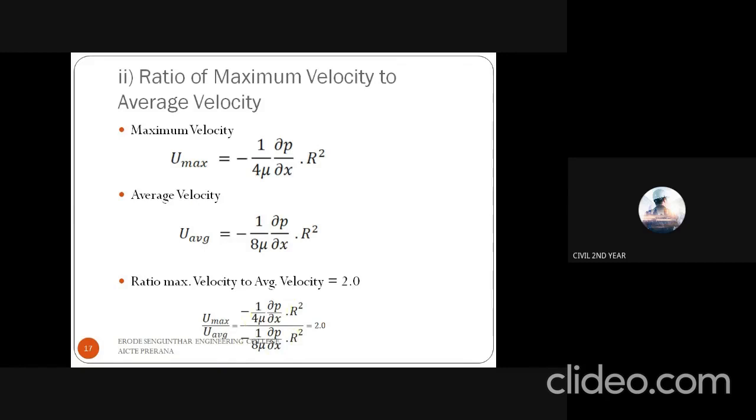So everything will be cancelled, only 1 by 4 divided by 1 by 8 remains. Bring the 1 by 8 over, it becomes 8 by 1, so 1 by 4 into 8 by 1, which is equal to 2. So the ratio of maximum velocity to average velocity is equal to 2.